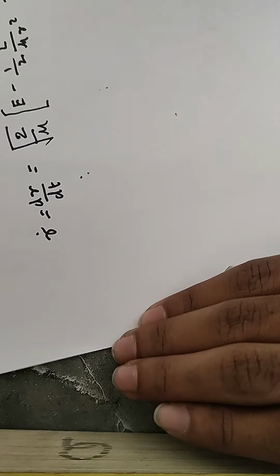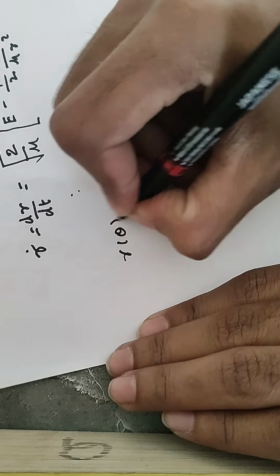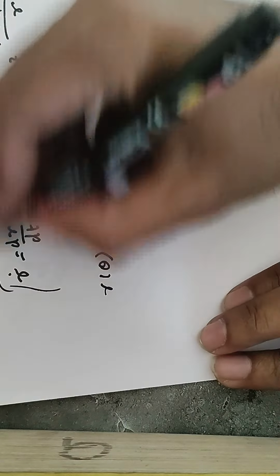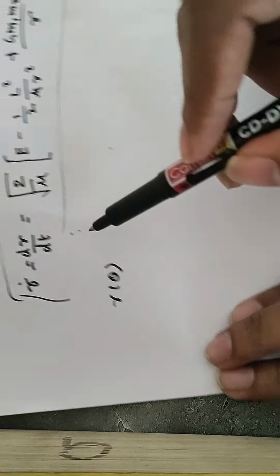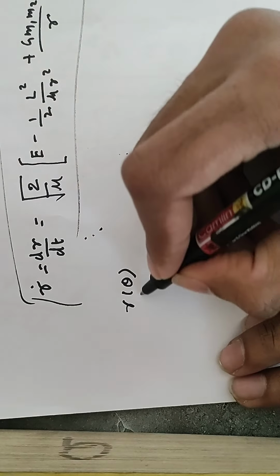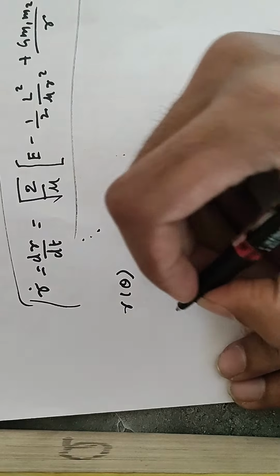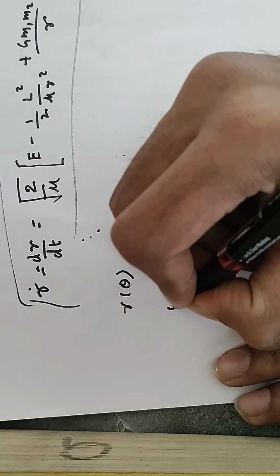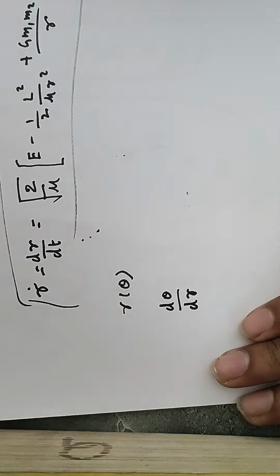So as I told you, our goal is to find r as a function of theta. So with these two equations, that's theta dot and r dot, can I find r as a function of theta? Absolutely you can. See, it's very easy. It's just the manipulation of the differential equation.